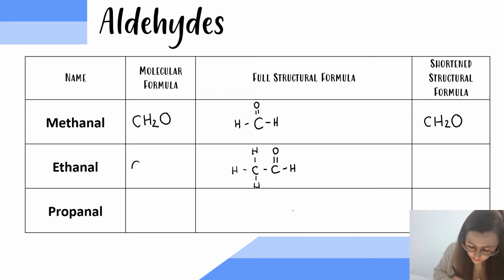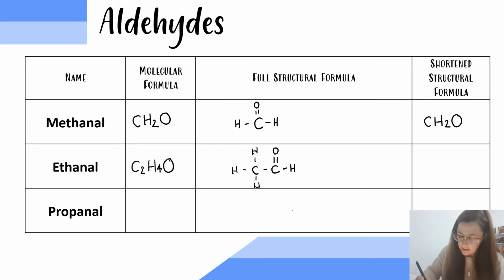Molecular formula, we've got 2 carbons, 4 hydrogens and 1 oxygen, C2H4O. And for our shortened structural formula, the first carbon has 3 hydrogens, the second carbon has 1 hydrogen and an oxygen.